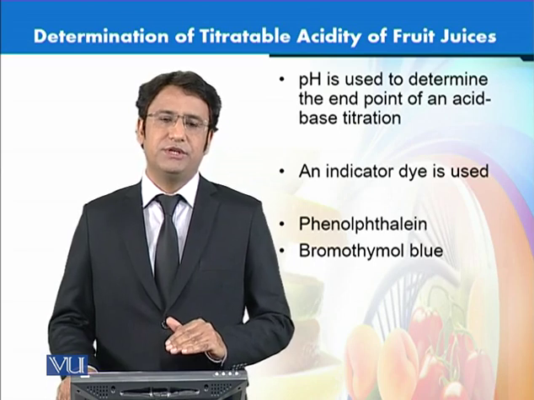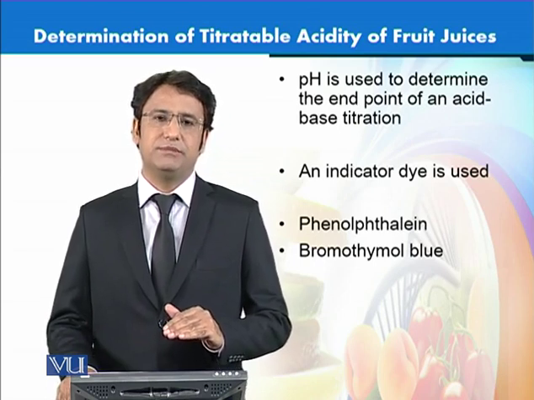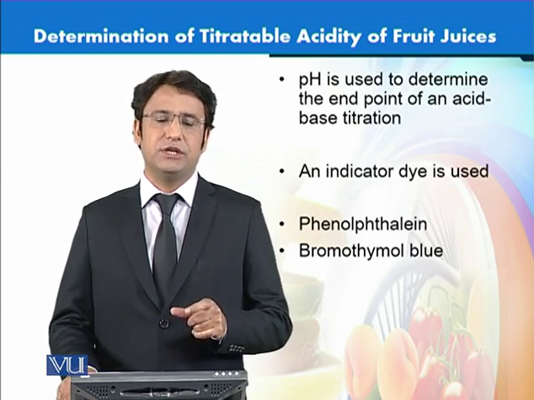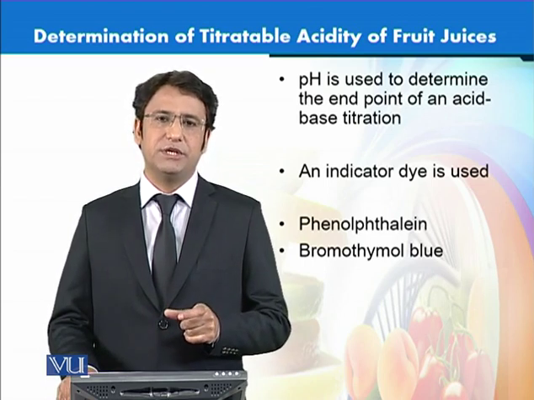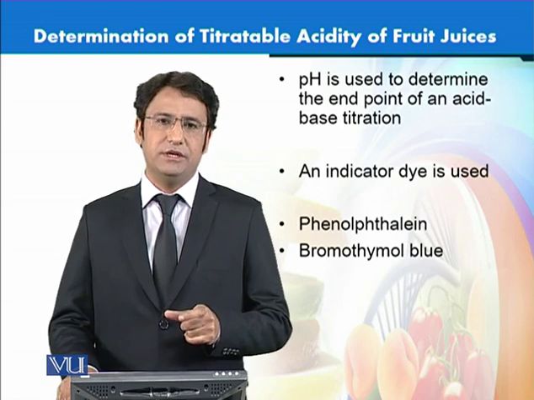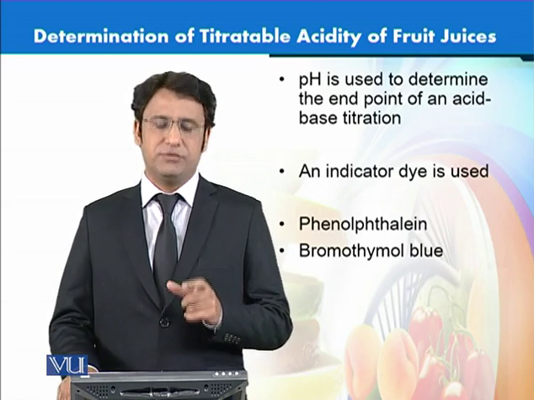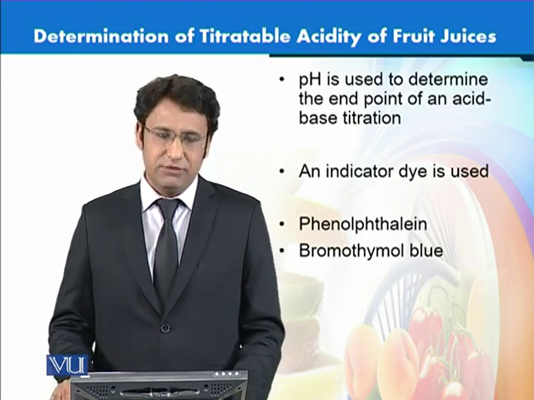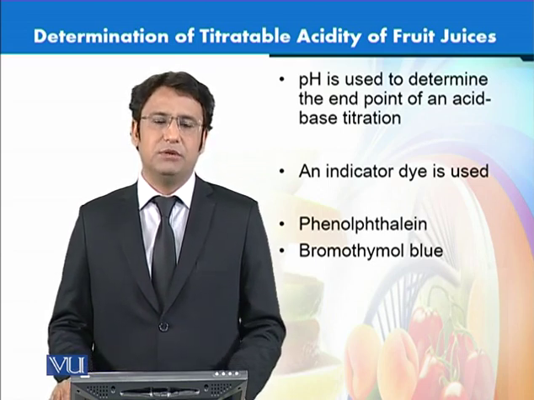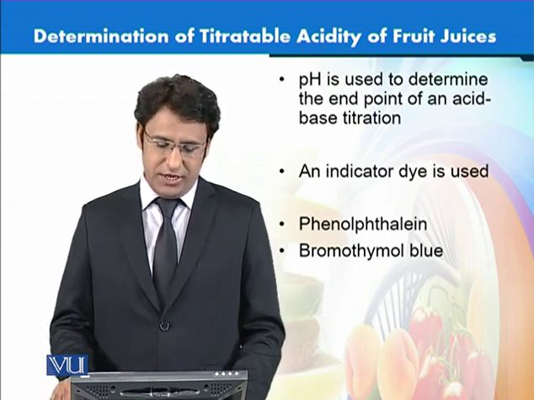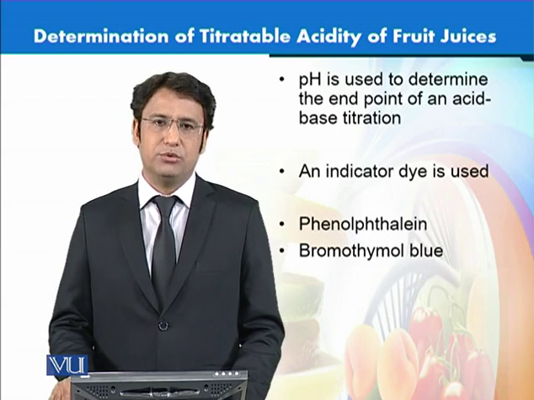So the indicators that we use would change their color once a desirable pH is attained, and from that change in color we would come to know the endpoint of titration. Generally we use two most commonly used indicators: phenolphthalein indicator and bromothymol blue indicator.